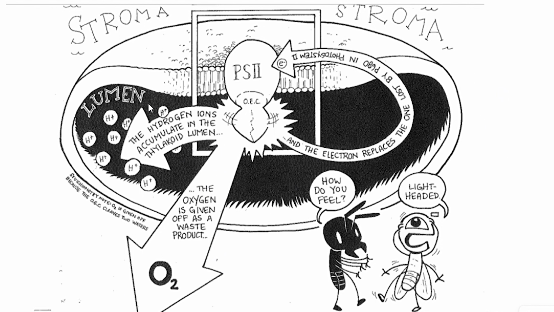Oxygen is evolved in this process with protons thrown into the lumen. Oxygen will diffuse out from the lumen because it is a gas. So oxygen is evolved in this process.